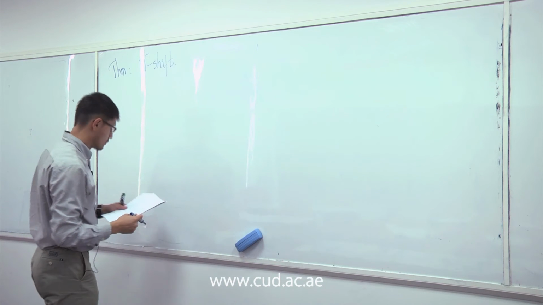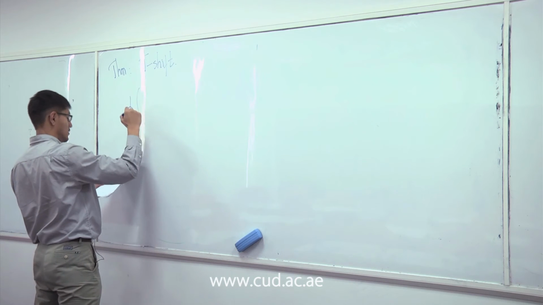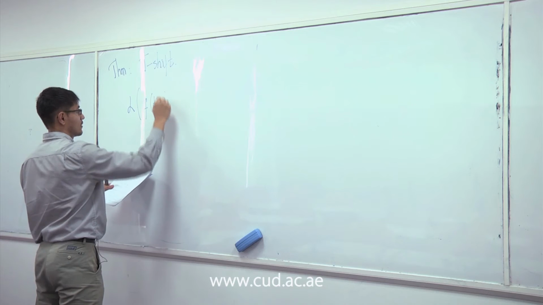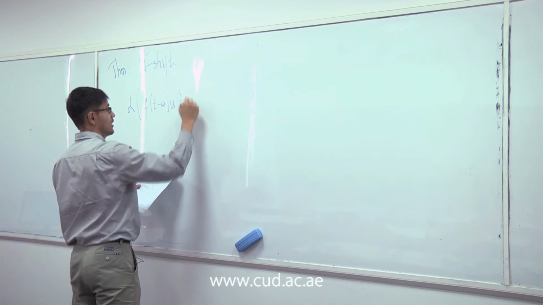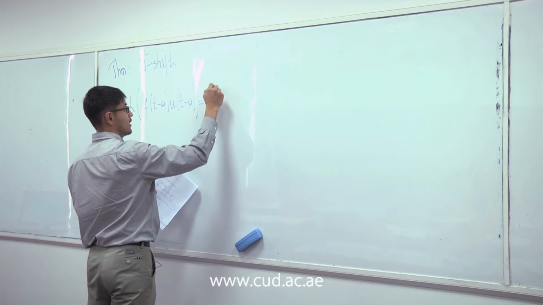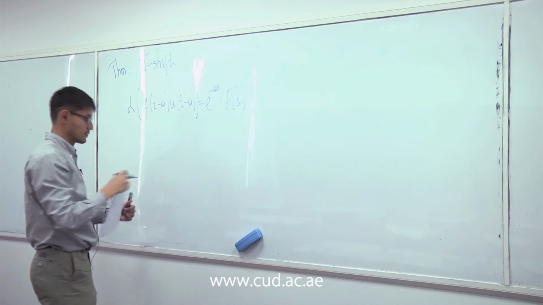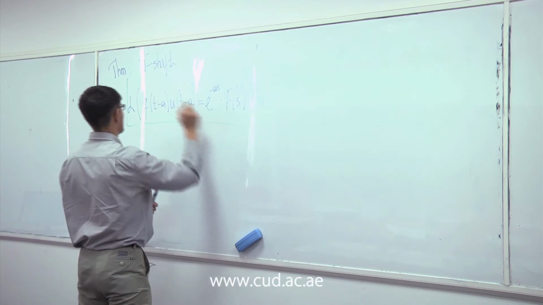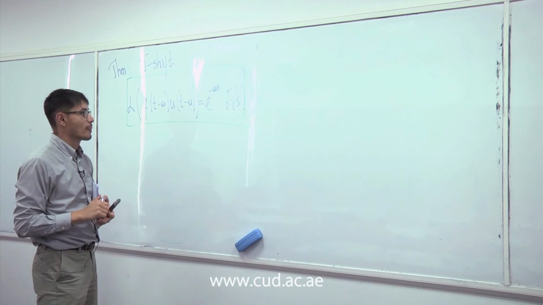So this T-shift says if I have the transform of f of t minus a times u of t minus a, this is equal to e to the minus as times capital F. So this equation is what we call T-shift. It stands for time shift.